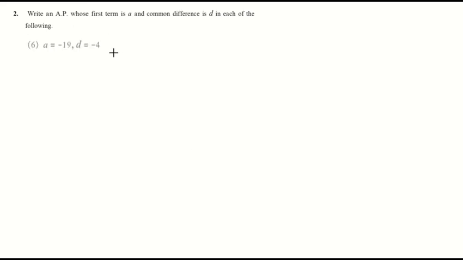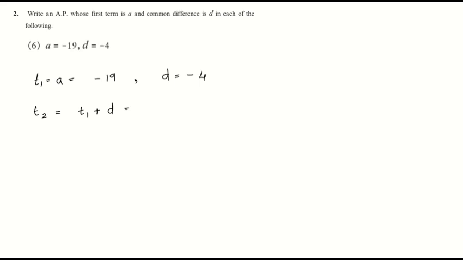Next, move on to the next question. Here T1 that is given is A equal to minus 19 and the common difference is minus 4. It's a little tricky one, but it is easy. So we already have T1. Let us find T2. Here T2 is T1 plus the common difference.